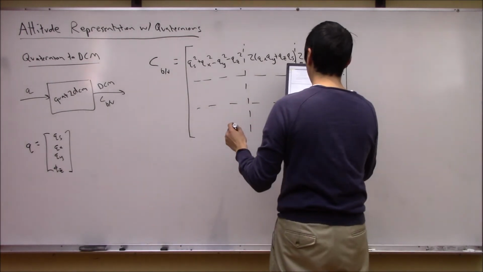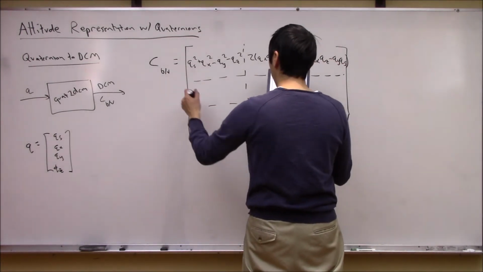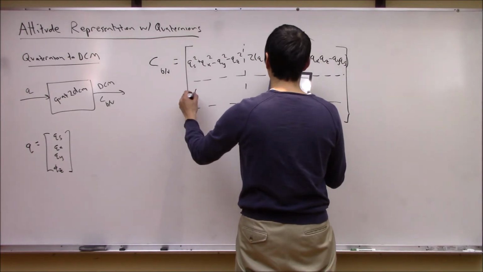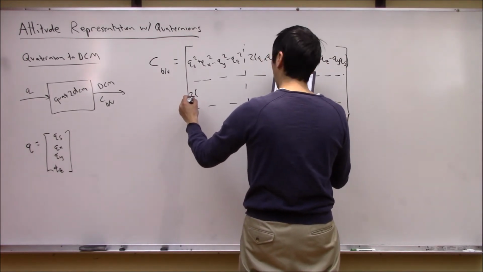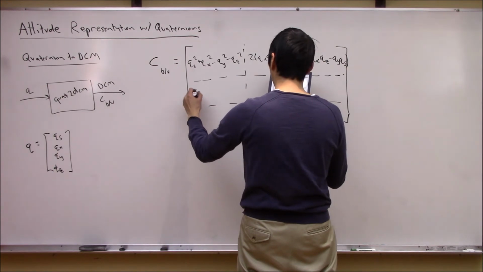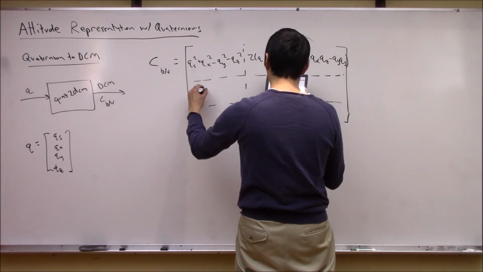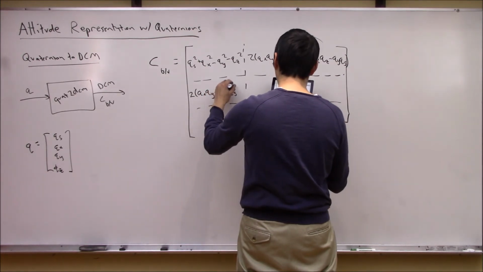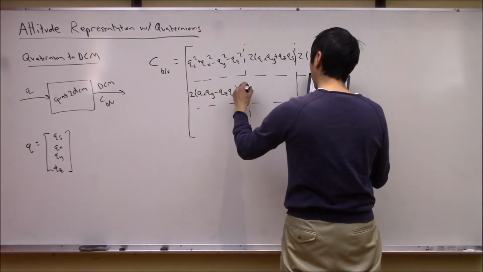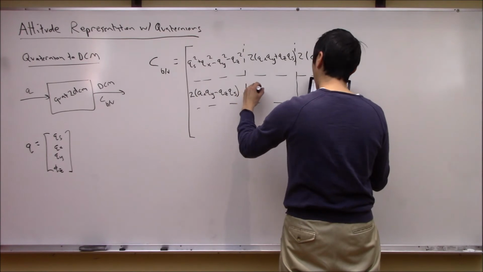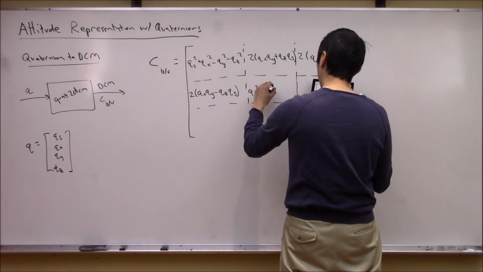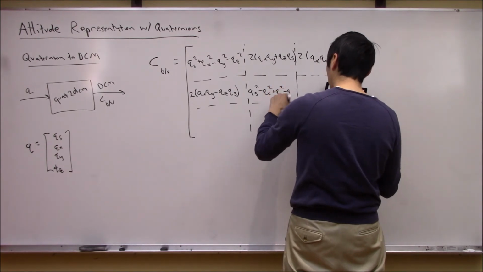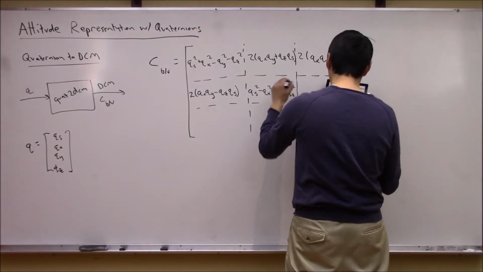Okay, and again, just to make this easy, I'm going to continue reading out the elements so we don't have any confusion with my handwriting. So this is 2 times the quantity QX QY minus QZ times QS. Okay, this element is QS squared minus QX squared plus QY squared minus QZ squared.